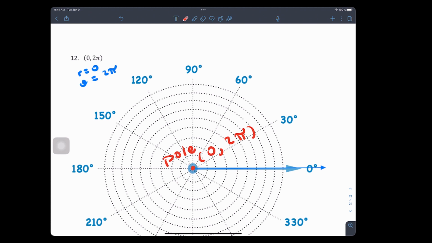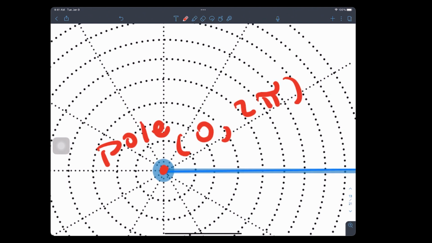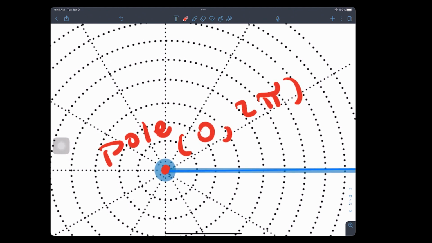And I do have to remark about this. These points are not well defined. You might say, what do you mean they're not well defined? Well, what that means is you can have any angle for theta. Any angle for theta. If your radius is 0, we are always talking about the pole. Does that make sense?